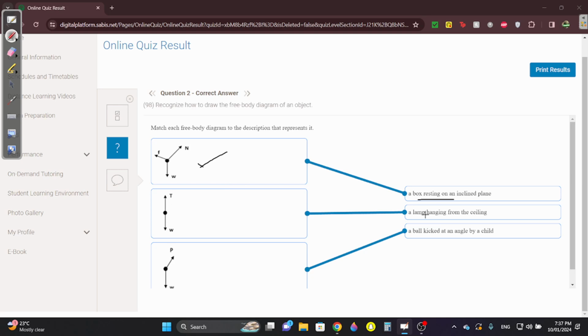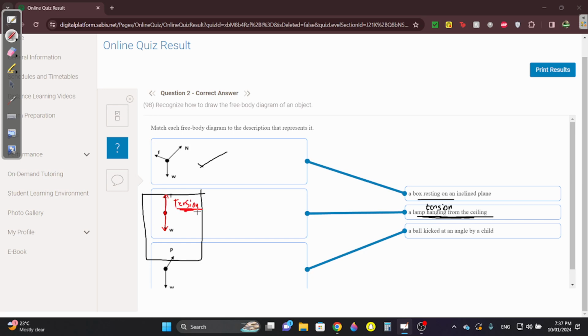So when we have ropes, like a lamp hanging from the ceiling, whenever we have anything hanging or any ropes involved, it's tension force. Imagine this is the lamp, this is the ceiling, and this is the room. It's going to be pulled down by the weight, and the force pulling it up is the tension.